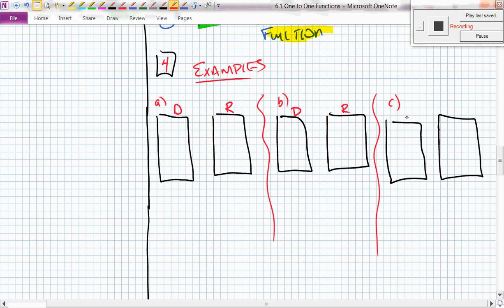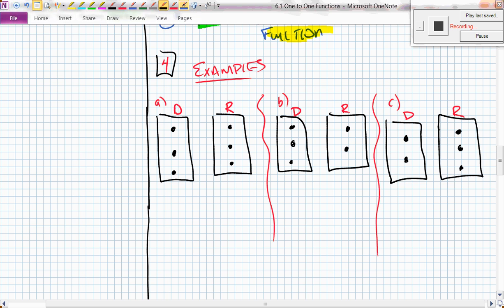Domain and range, domain and range. In the first picture, give yourself 3 dots, like a dice, or I mean a domino, sorry. And then give yourself 3 dots in the range too. In the second picture, give yourself 3 dots on the domain and 2 dots in the range. In the third picture, give yourself 2 dots in the domain and 3 dots in the range.